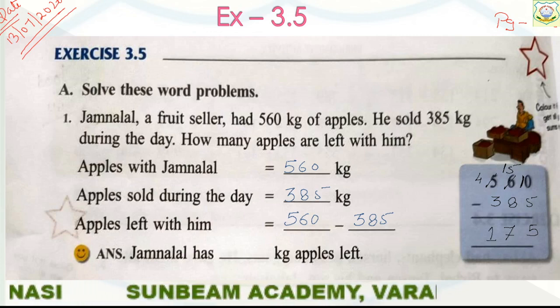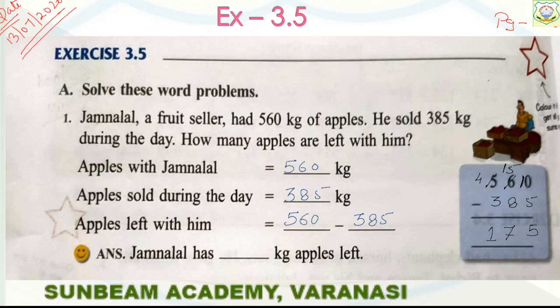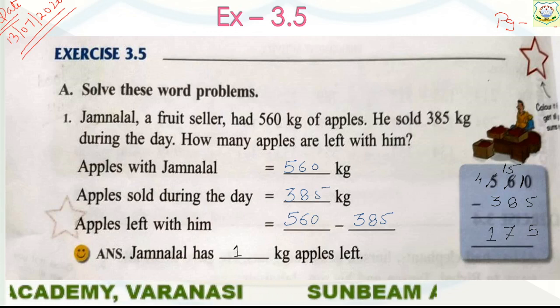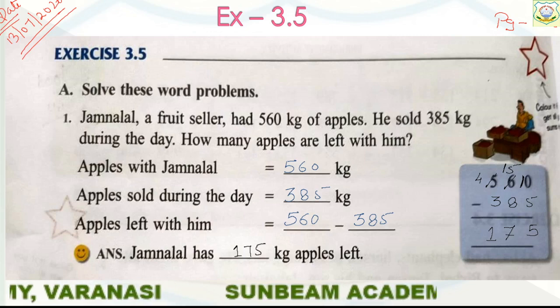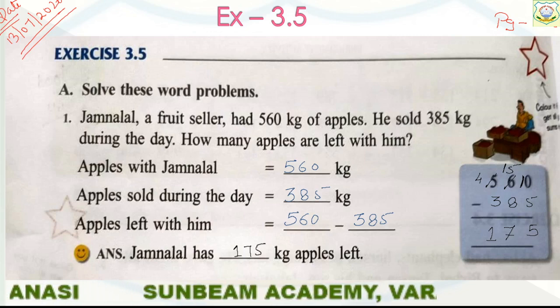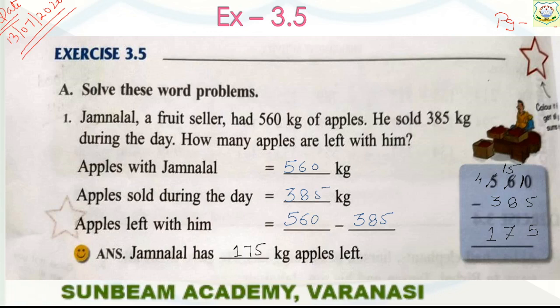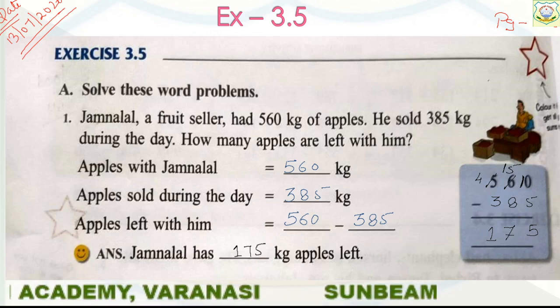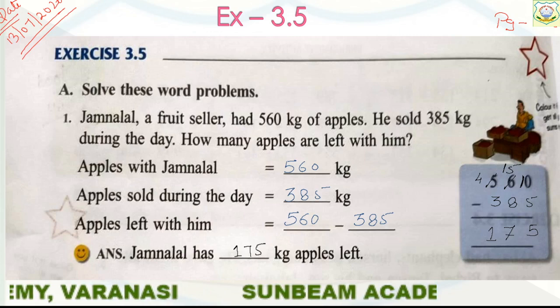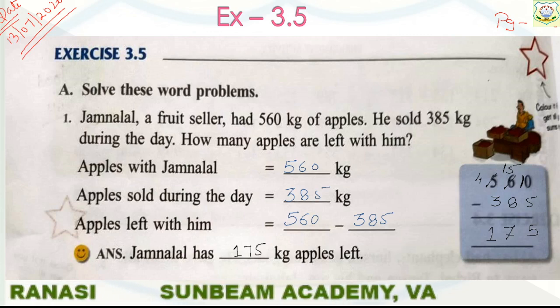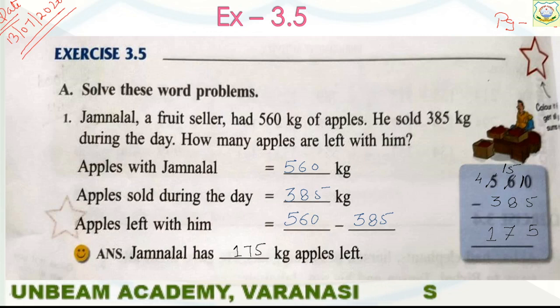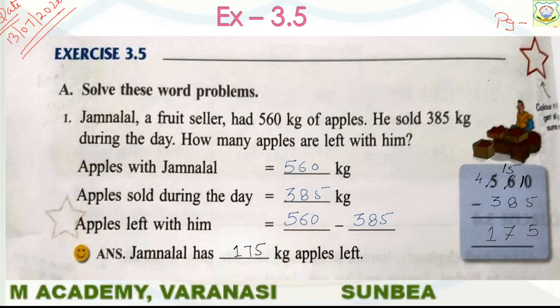So now how many apples he is having? Jamna Lal has 175 kg apples left. He is having how many apples? 175. Jamna Lal has 175 kg apples left with him, right? Done?